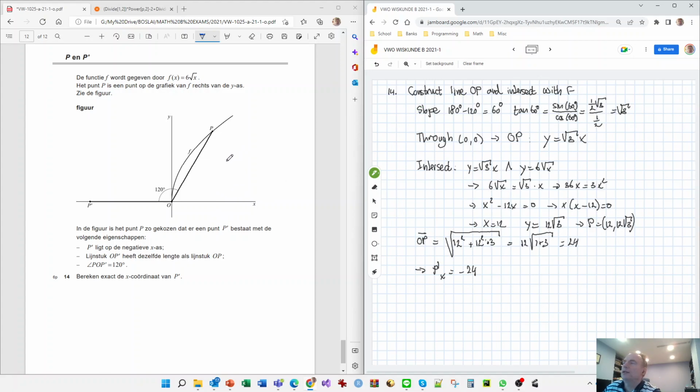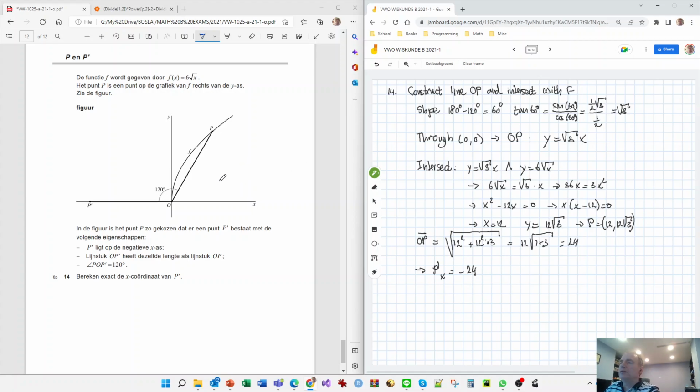Well, again, step by step, construct the line OP. And here, there's always two ways to do this. I just use the slope-intercept form of a line.